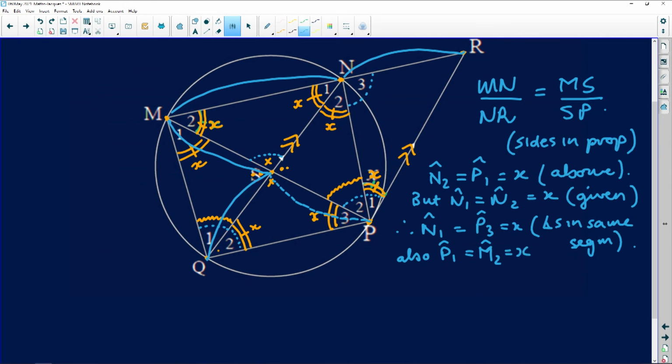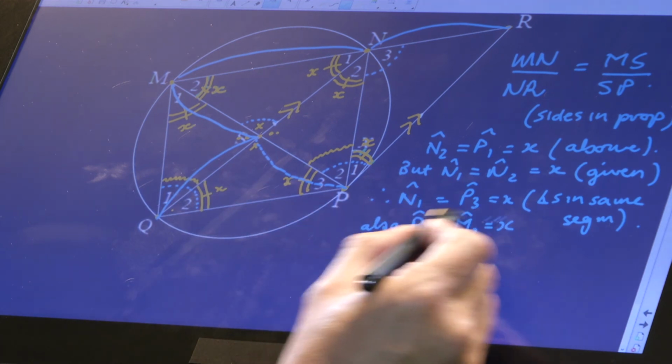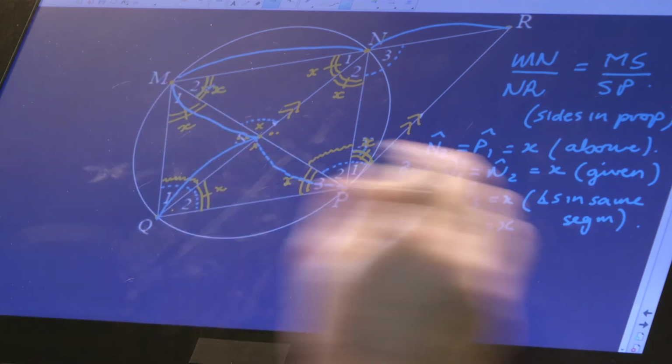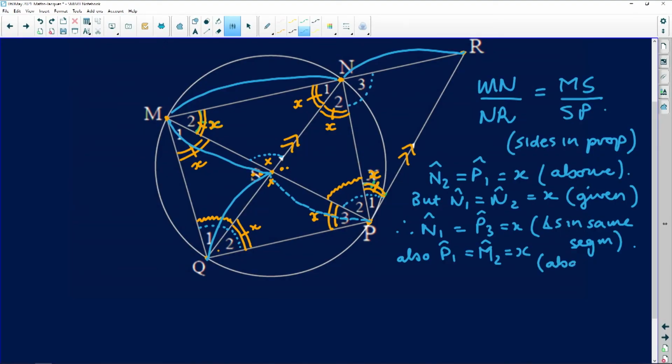And this here was proven already by the tan chord. So this was above, and therefore M2 is equal to Q2. Now remember, that comes from our argument in our previous case. So we can now state that angle P3 is equal to angle Q2.